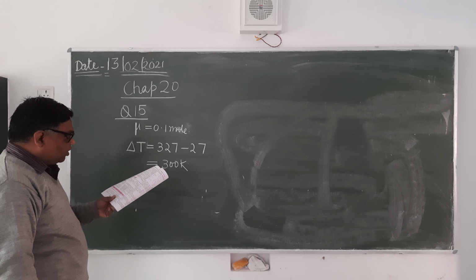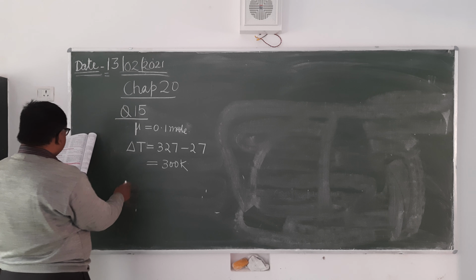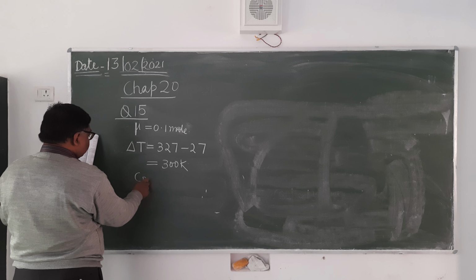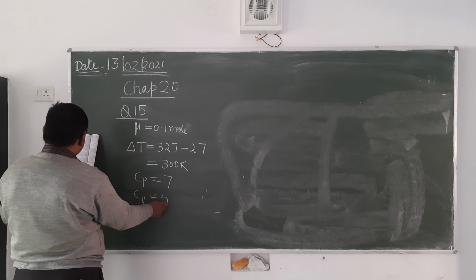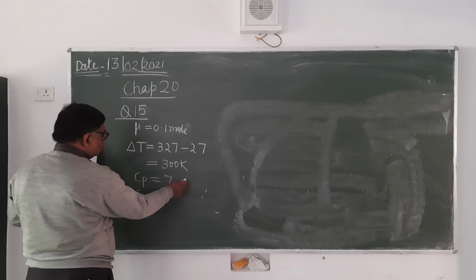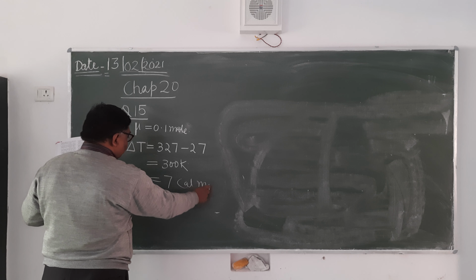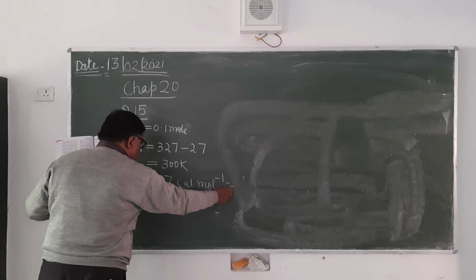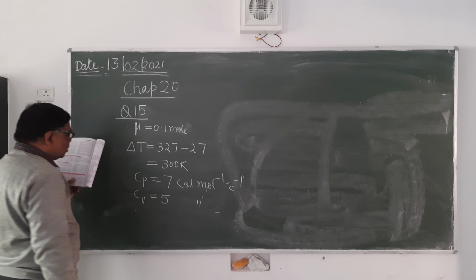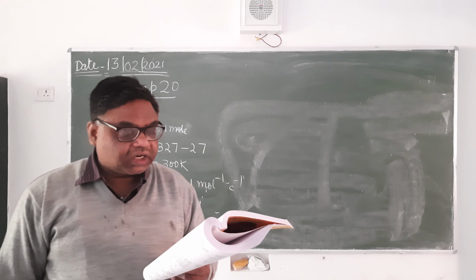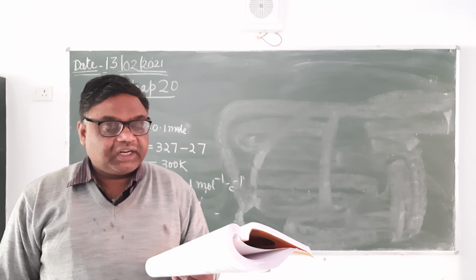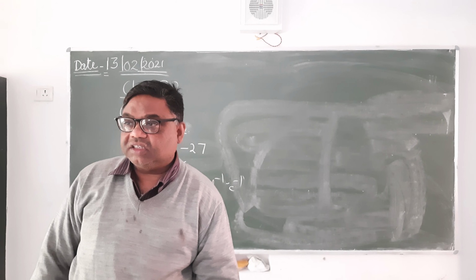Determine the heat given to the gas. अगर ये दिया है Cp equals to 7 and Cv equals to 5. This is calorie per mole per degree Celsius. So you have to determine heat given to the gas, increase in internal energy, work done by the gas.